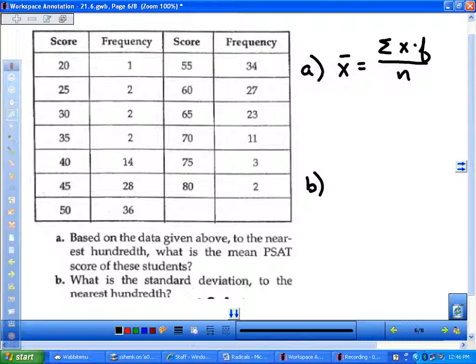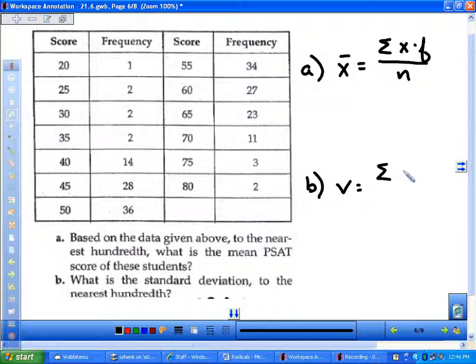Well, I can't find a standard deviation unless I first find the variance. How do we calculate the variance when there's scores and frequencies? Not absolute, not for variance. How do we calculate the variance, folks?